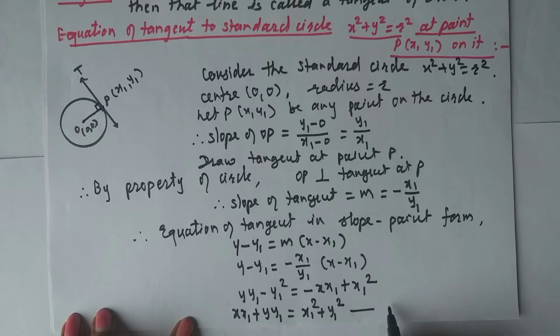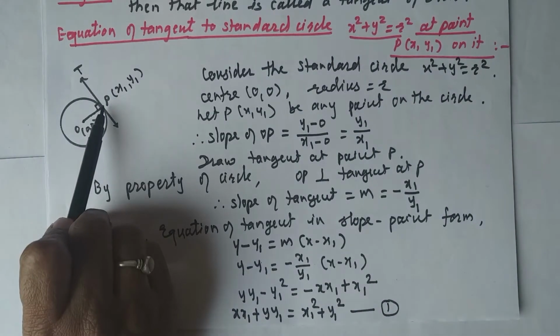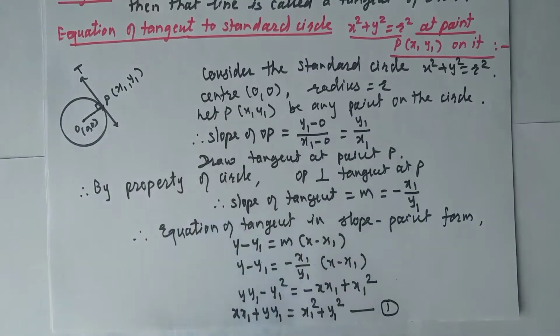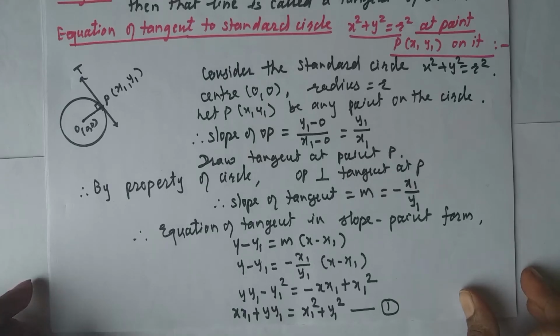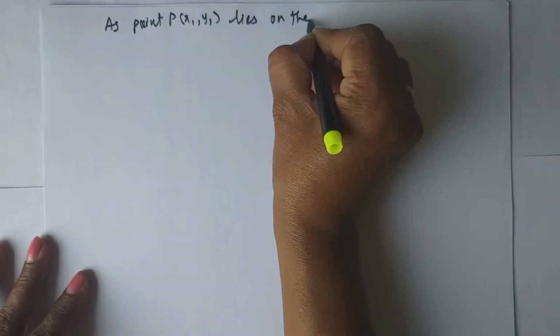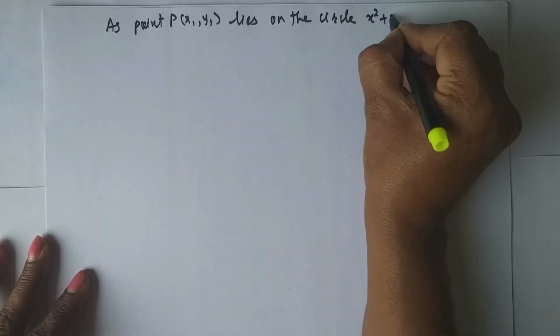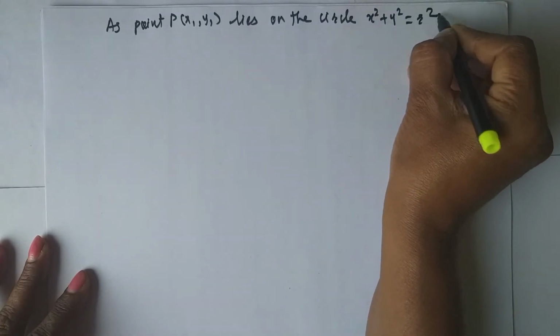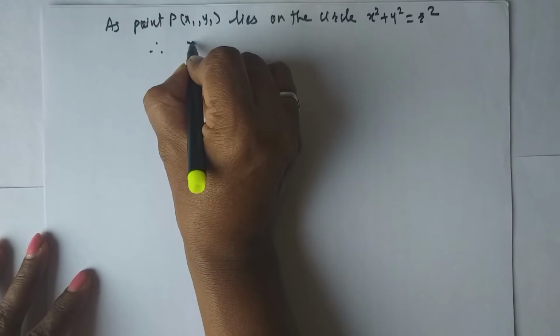Now suppose this is equation 1. Now we know that as this point P(x1, y1) lies on this circle, x square plus y square is equal to r square, it satisfies the equation of the circle.